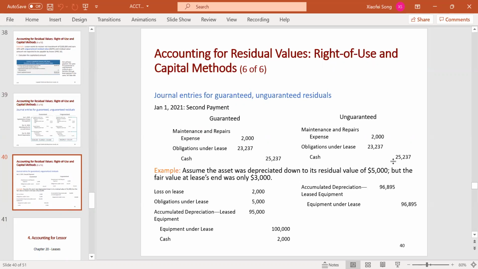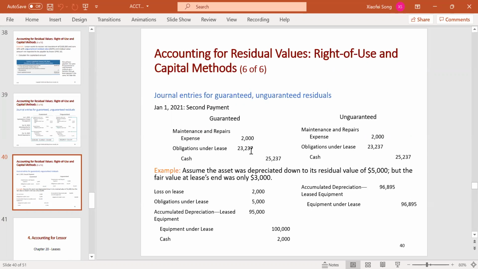Now we go to the second year. The second payment is the same as the first payment. Payment is 25,237. 2,000 of that is the executory cost, and the remainder is the reduction of liability.